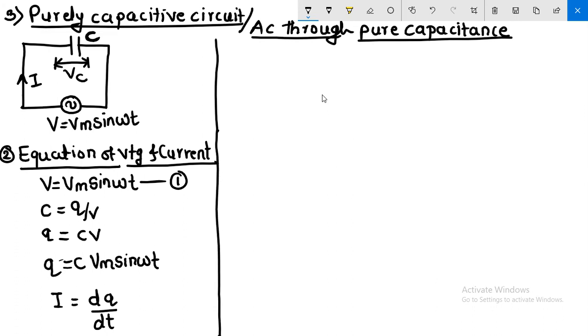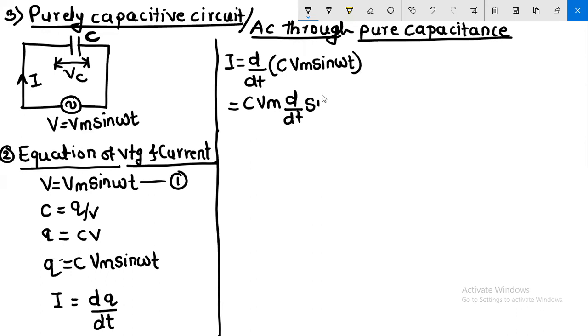Now see here, I equal to d by dt of the value of Q, which is C Vm sine of omega t. Which are constants here? C and Vm, so I will take them outside of the derivative. So what remains is d by dt of sine of omega t.